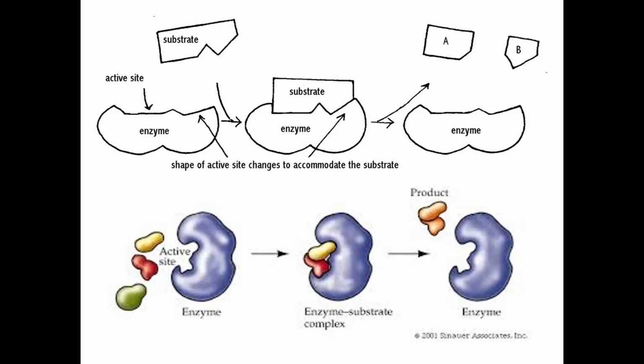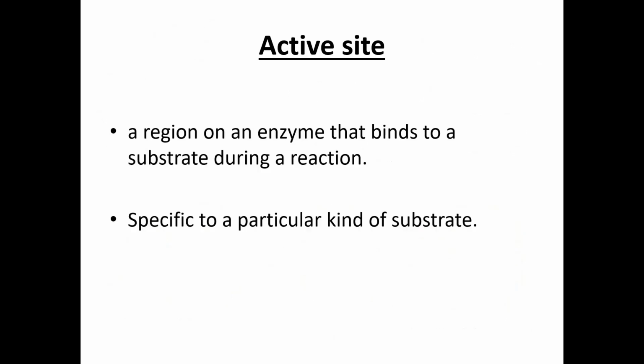You can see from the second diagram where the substrates are joined together in the active site. After that, the active site helps the substrate to form the product. The enzyme still remains as the enzyme, and therefore it gives you a product. Next one.